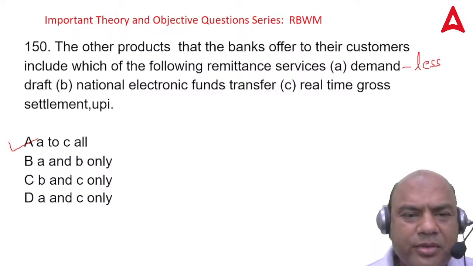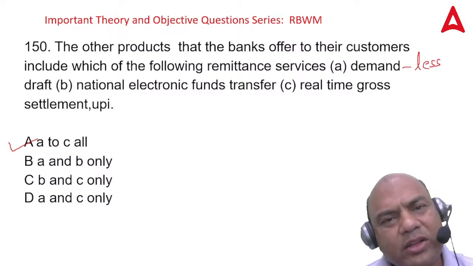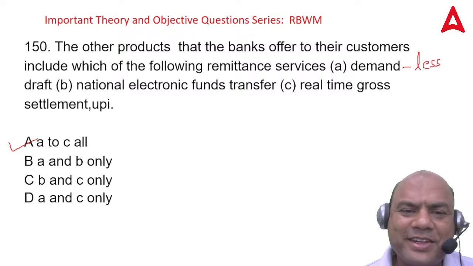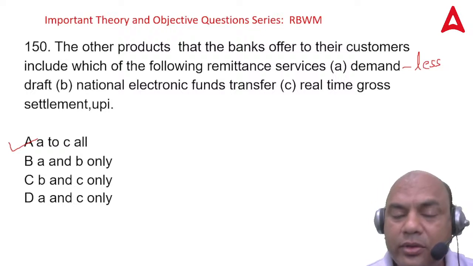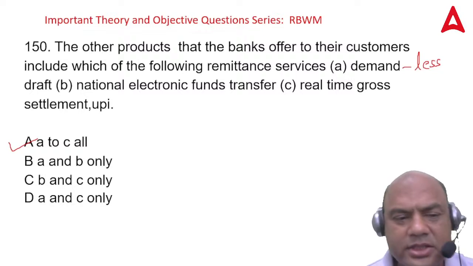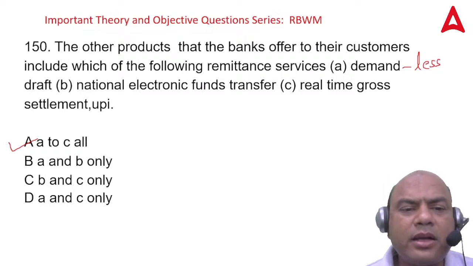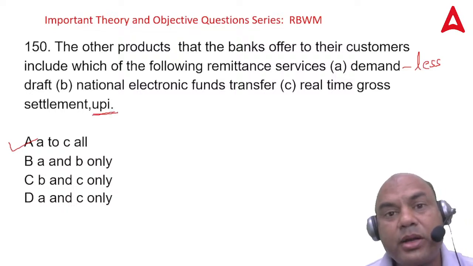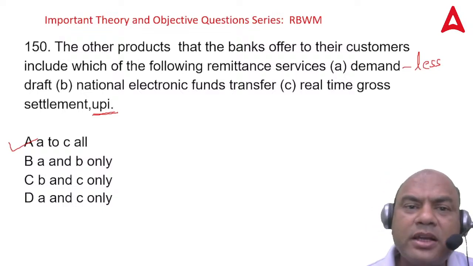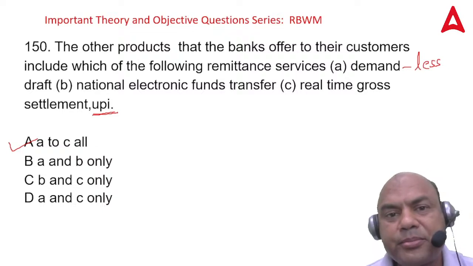So demand draft. NEFT is a regular feature. Every day we give it, isn't it? RTGS, we give it. UPI now. UPI is a catch over here. Many of you might think that for UPI the customer doesn't come to the branch. No. But then how can I say UPI is given by my branch or my bank? Because it's on your app.